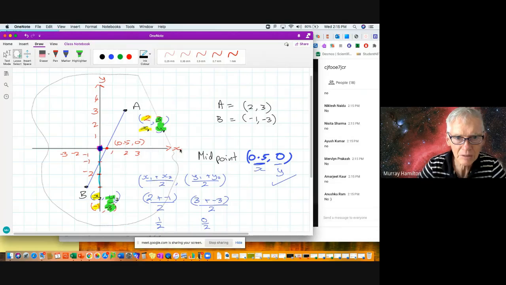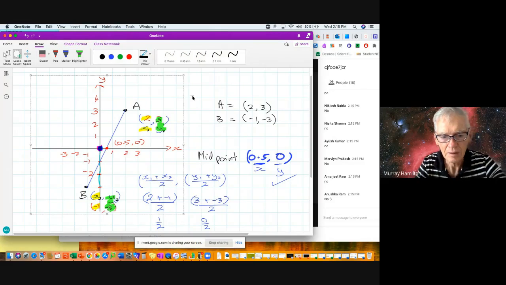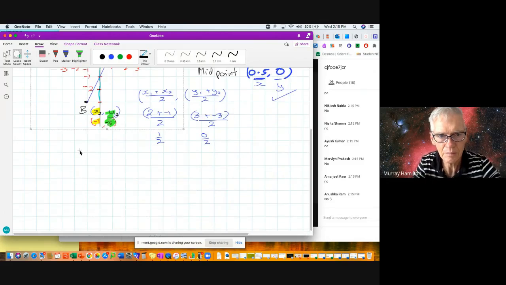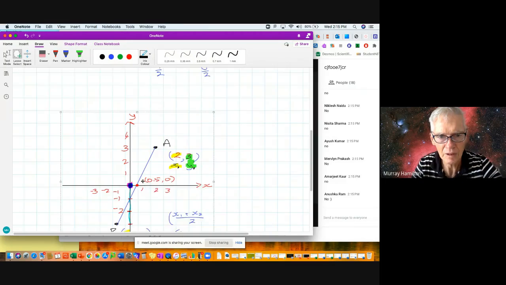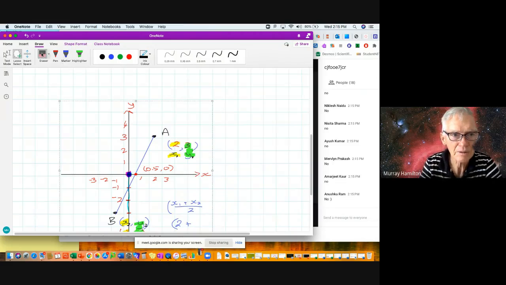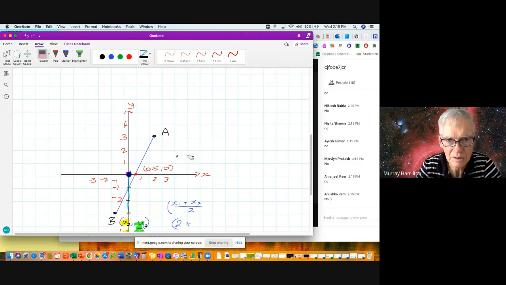Take my same diagram, copy it, and put it down here. Then I'm going to rub some of these things out. So we're using exactly the same points, A and B, and we're going to work out the distance between them.